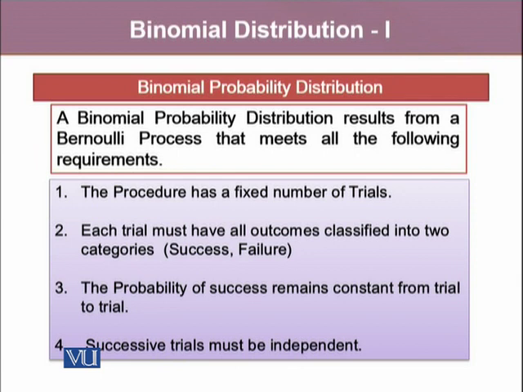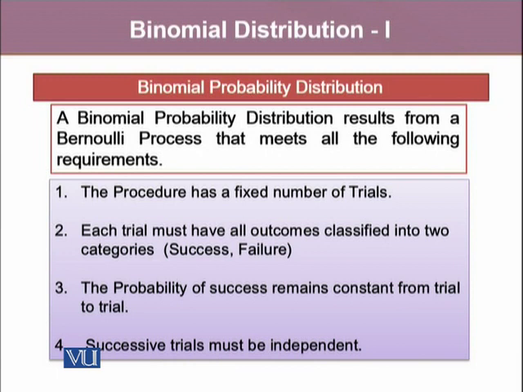And the very first condition says that the procedure has a fixed number of trials. That whenever we perform the random experiments of various Bernoulli trials, our Bernoulli process should have a fixed n, where n denotes how many number of times a Bernoulli process will be repeated.